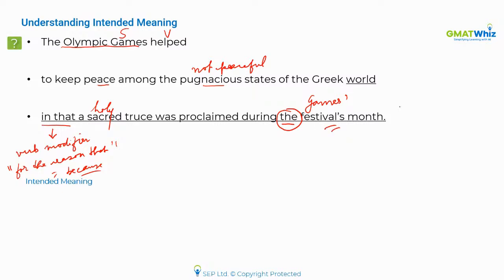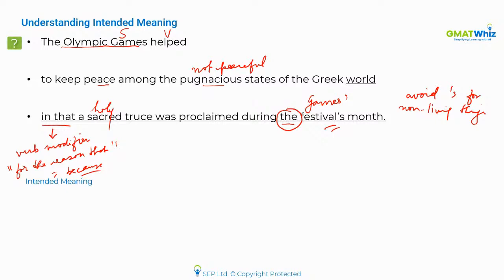When you have non-living things, avoid apostrophe s for non-living things. This is a thumb rule. Again, if this is there in all choices, then there's nothing to be done there. However, ideally it should be the month of the festival. We don't say table's leg, we say leg of the table, like that.